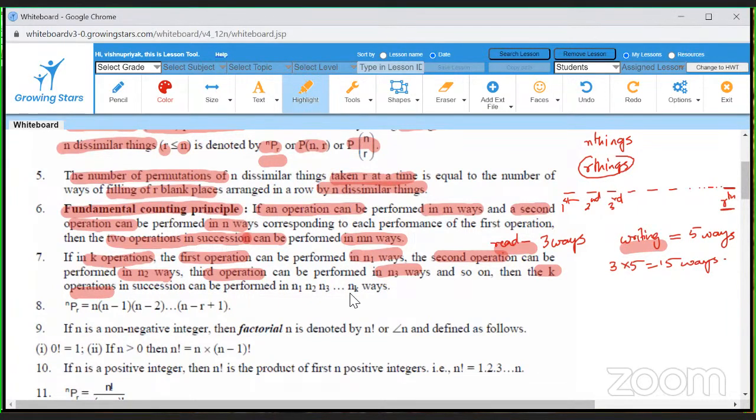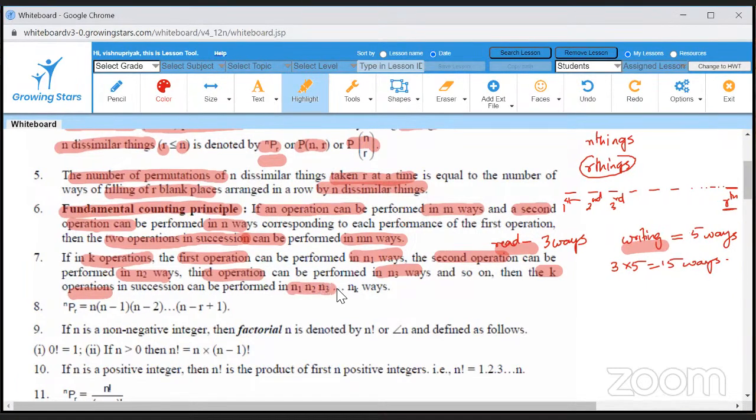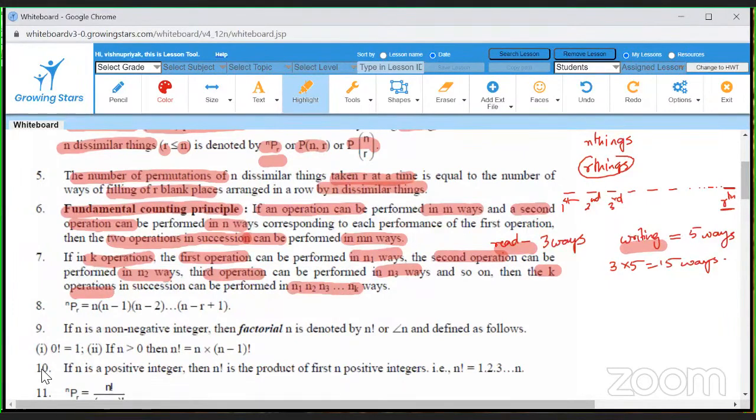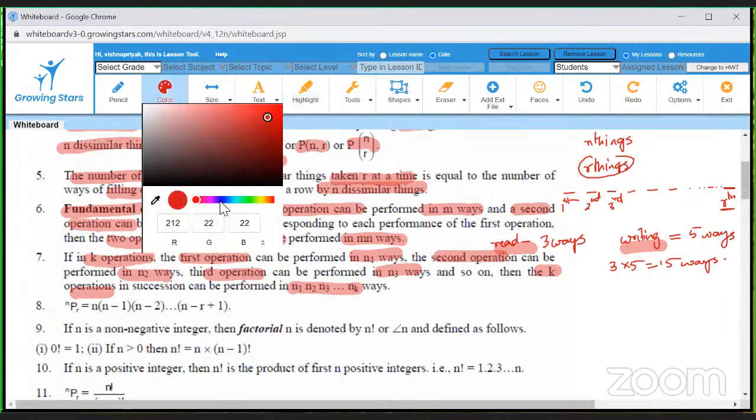Then the total work can be done in n1 into n2 into n3 into nk ways. That is the meaning. So this fundamental counting principle is not only for 2 works, it is for more than 2 works also.